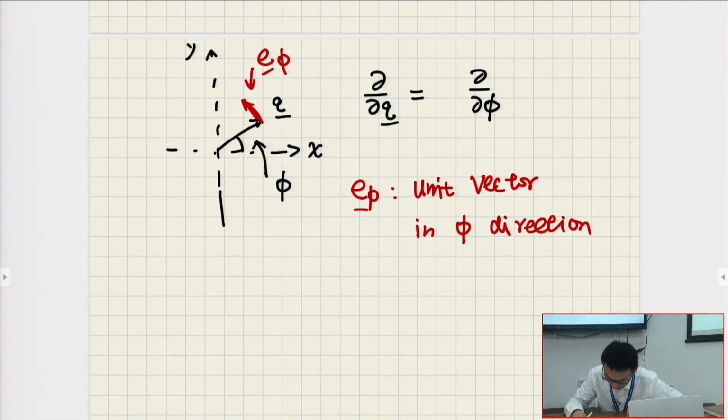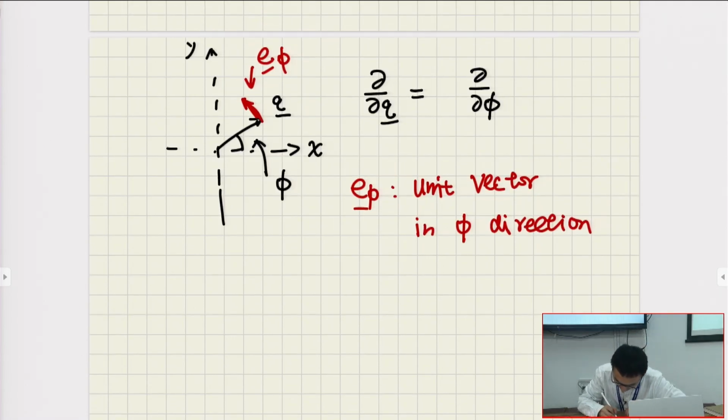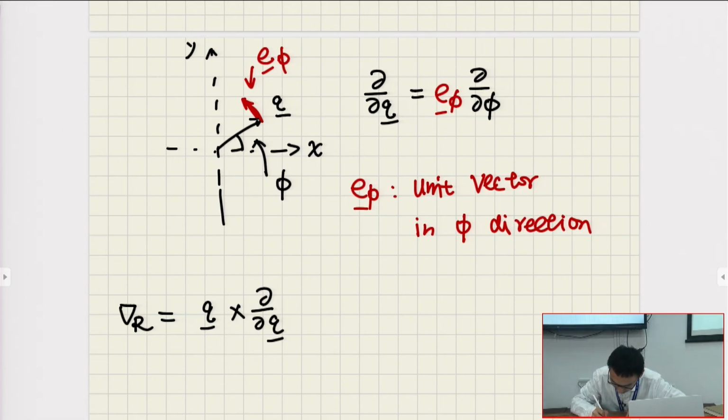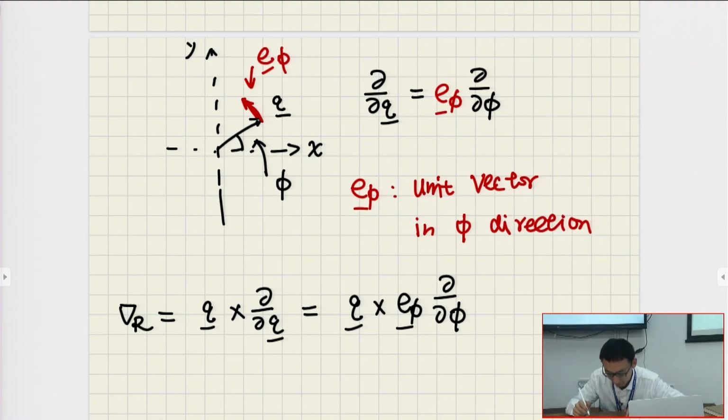Okay, great. So our grad R would be q, which means here we would associate this vector e phi. And then what is q cross this derivative? That would be q cross product with e of phi, the angular derivative.